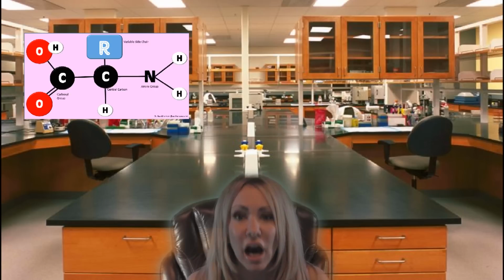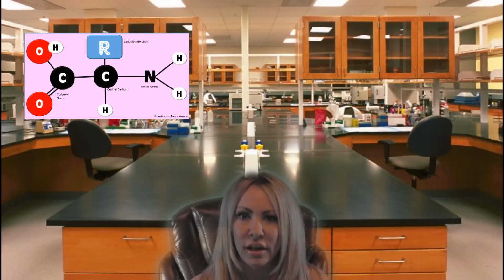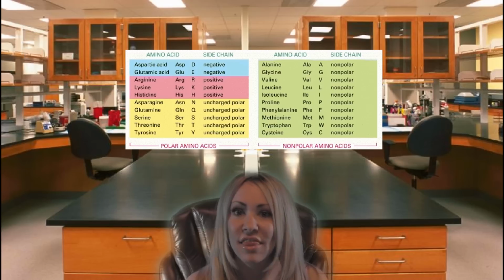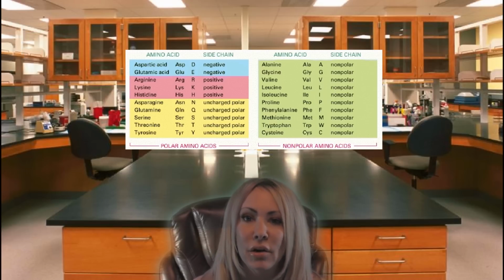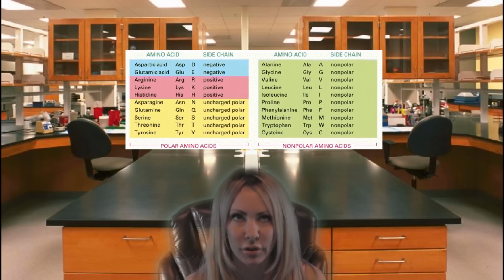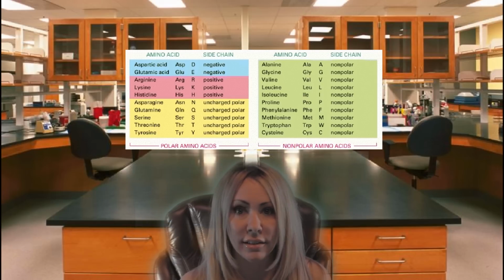The other group, because remember, carbon likes 4 single bonds, is going to be the one that changes, and we're going to call that the variable R group. That's what's going to give each amino acid its own little function, its own little place in the world of proteins. So those are our amino acids.